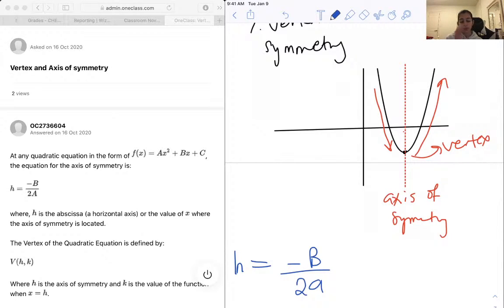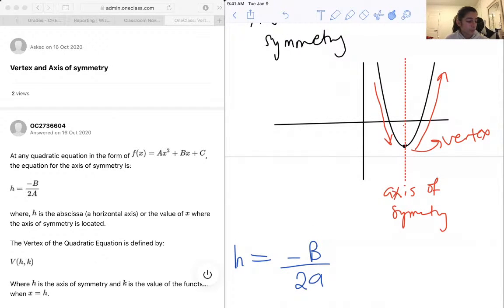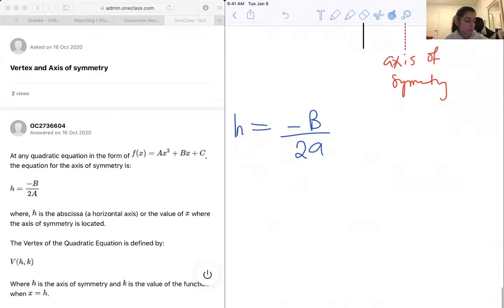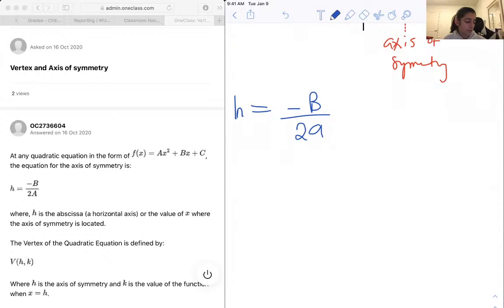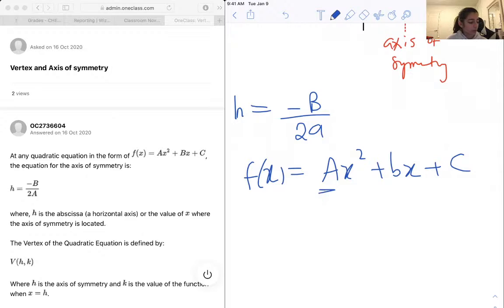So you're going to take your equation, which is in standard form, f of x, or y, is equal to ax squared plus bx plus c. The value a and the value b, you're going to use in your axis of symmetry.